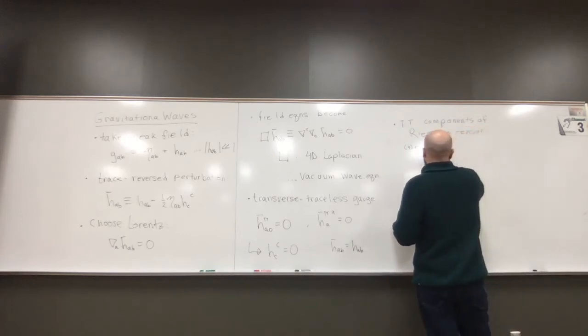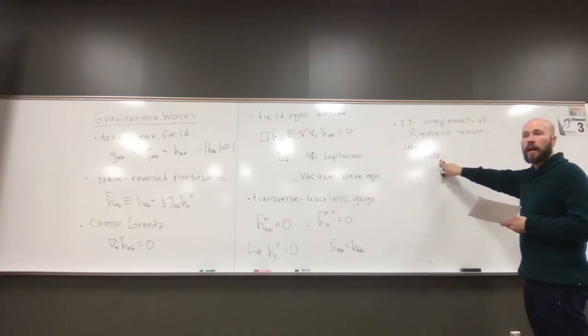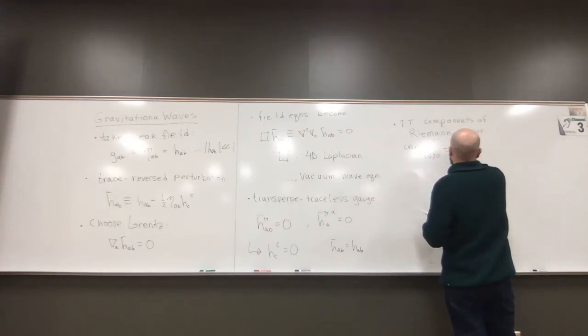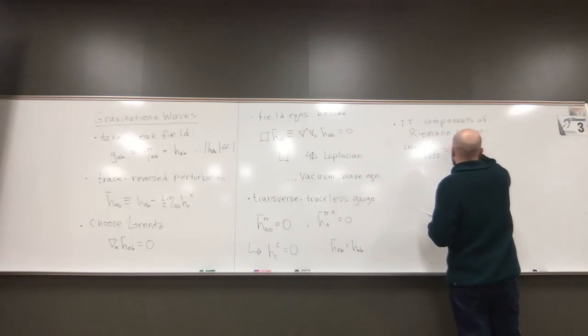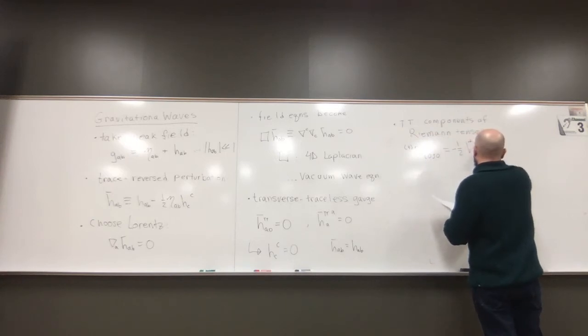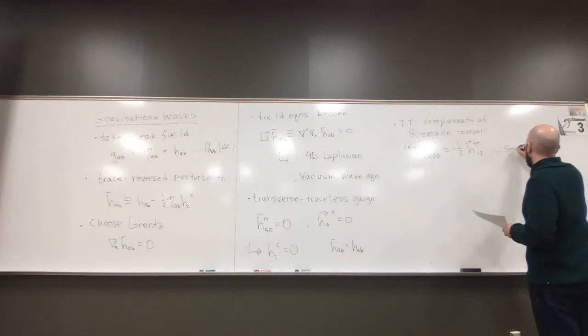But R I0 J0, so I'm taking time components in the second and fourth index of the Riemann tensor, is minus 1/2 of h double dot transverse traceless IJ, where this is the second time derivative.